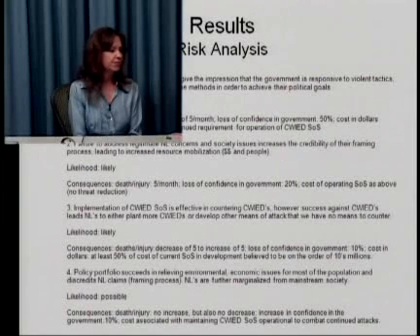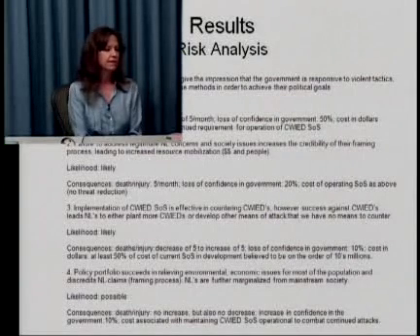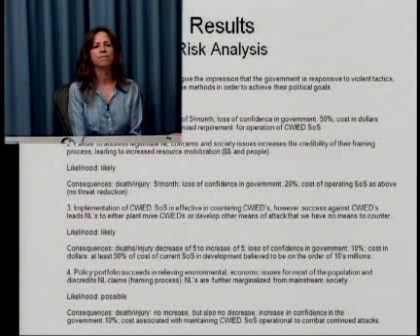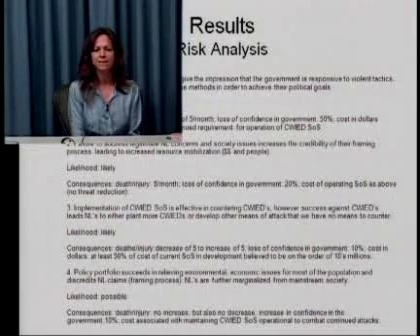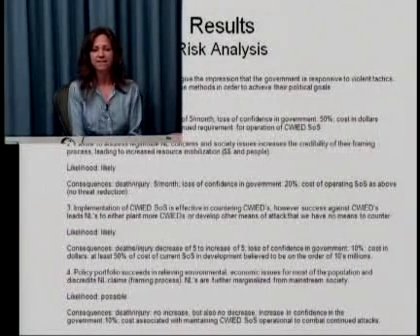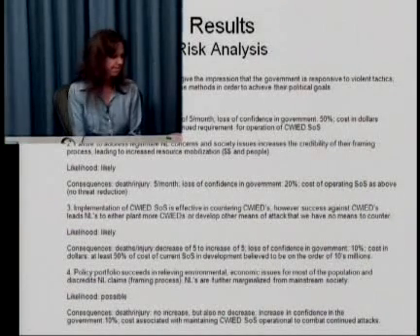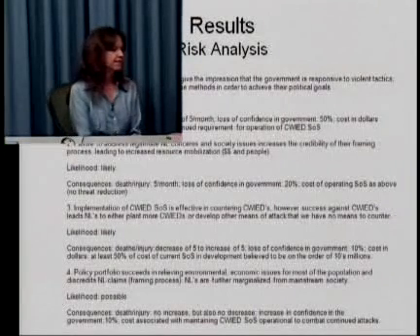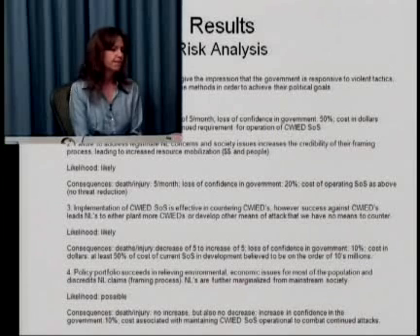Consequences, death and injury, we believe constant at 5 per month. Loss of confidence in government assessed as a 20% loss. More violence from the same group I don't believe to be as damaging as increased violence from more groups. And then the cost is that of continuing to operate the system of systems, as in scenario 1.